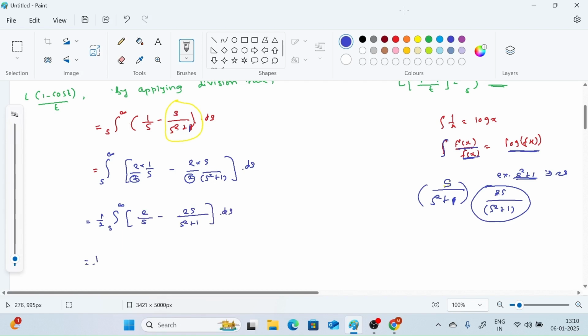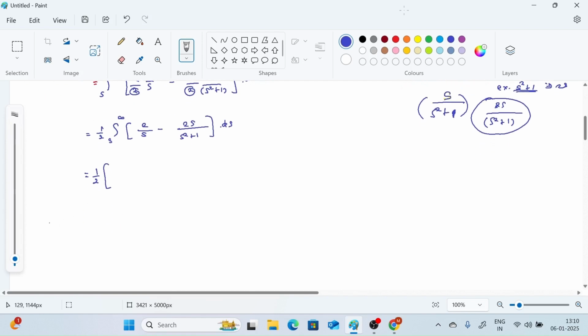Now we are going to take the integration. What can I write? 2 log of s, since the integration of 1 upon s is log s, minus 2s upon s square plus 1, which we can directly write as log of s square plus 1, with limit s to infinity. Before putting the limit, I can show you one more formula.